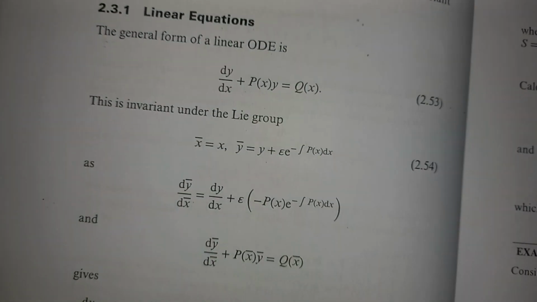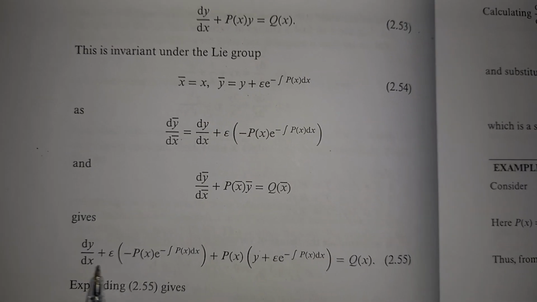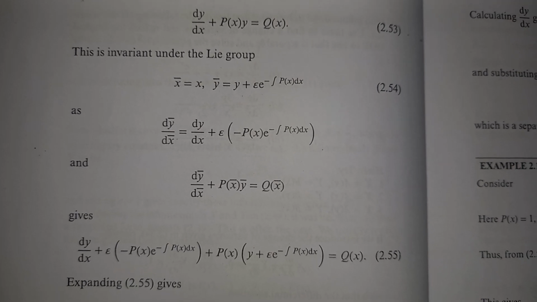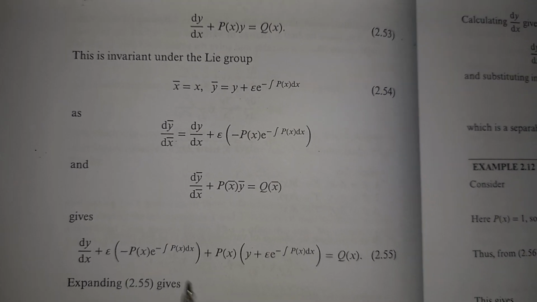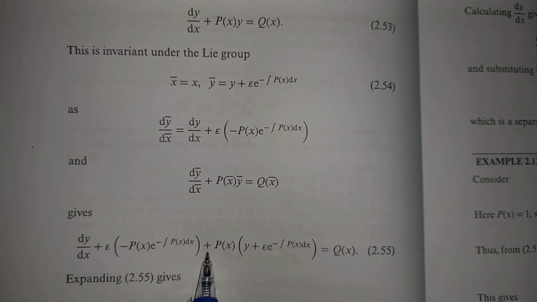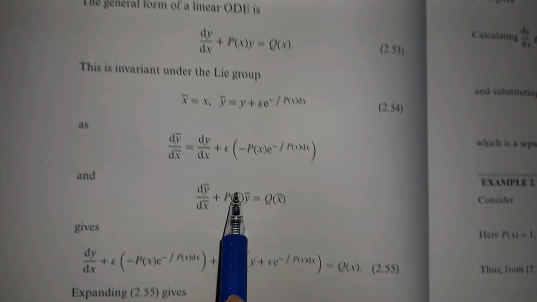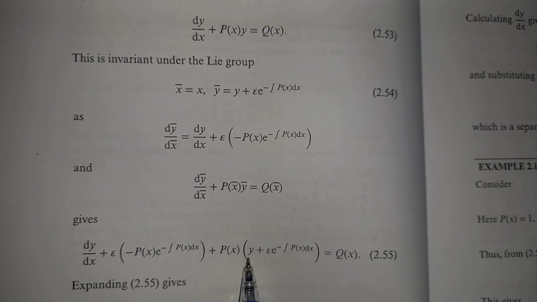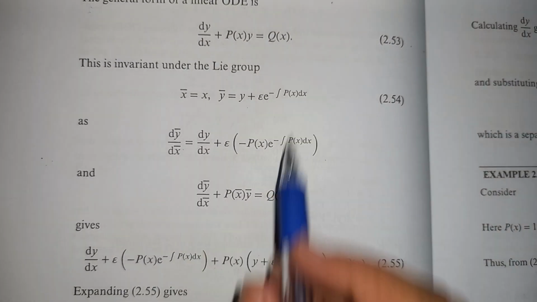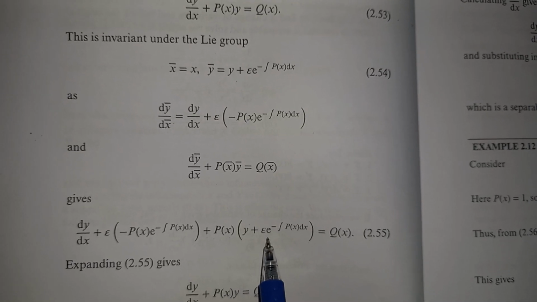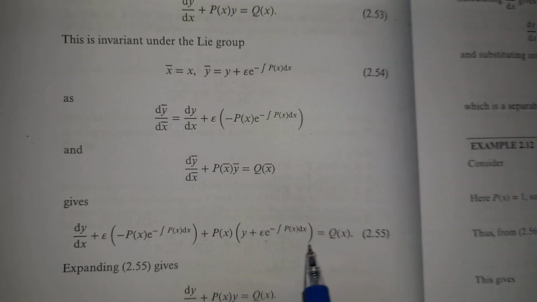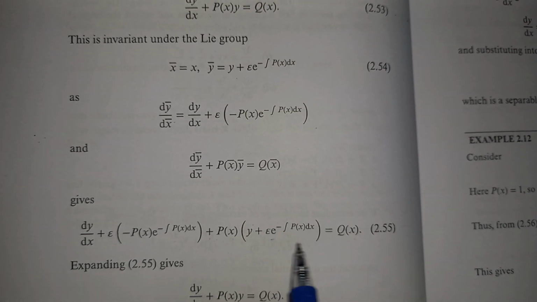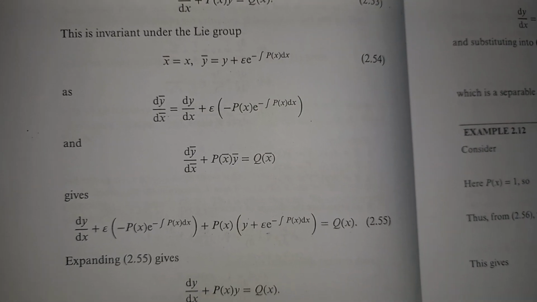You can substitute the values simply here, so it will become plus epsilon minus p of x into e raised to power minus integral p of x dx plus p of x bar, and x bar is simply x, so we'll just substitute p of x into y bar, and the value of y bar is given by this one, so we have used it over here, is equal to q of x bar, and x bar is again x, so it will be the same.